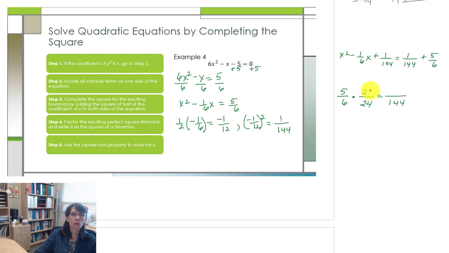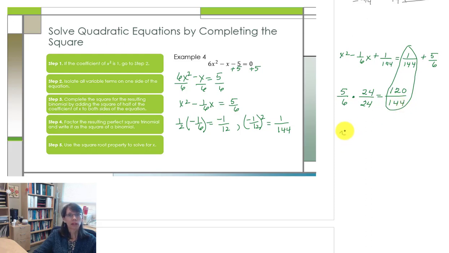So 24 is the factor that both the numerator and denominator need to be built up by. And 5 times 24 is 120. So what we're really adding together is 1 over 144 and positive 120 over 144.